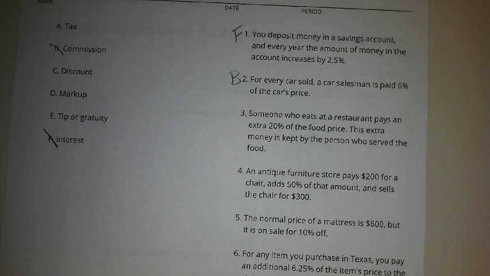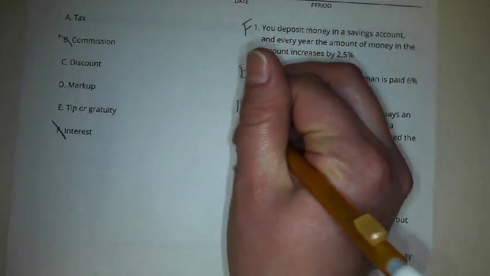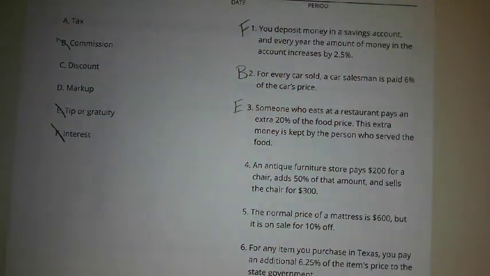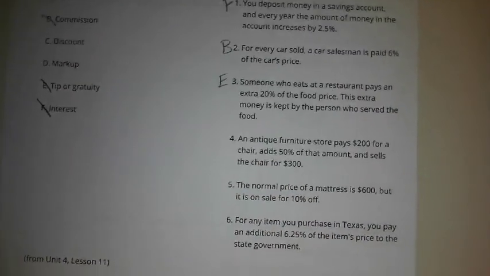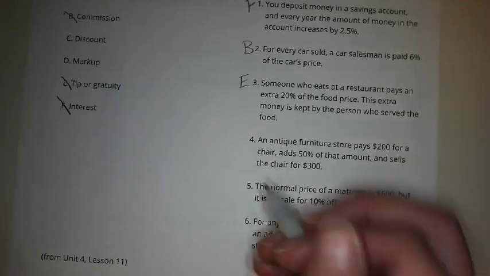Someone who eats at a restaurant and pays an extra 20% of the food price, this extra money is kept by the person who served the food. Well, that is our tip or gratuity. An antique furniture store pays $200 for a chair, adds 50% of that amount, and sells the chair for $300. Well, that sounds like a markup to me.